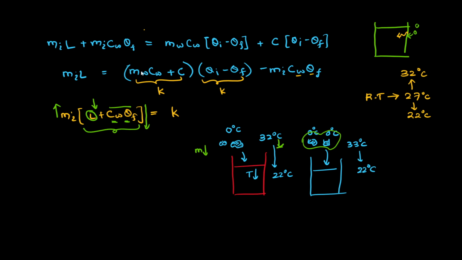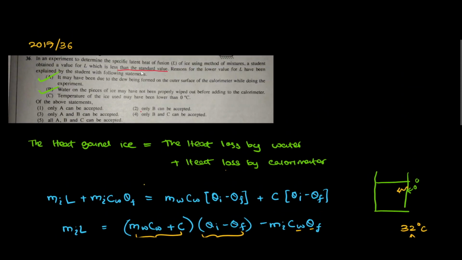Then from 0 ice to 0 water, it will absorb a little more energy, so the temperature goes down quickly. Therefore, you will need less ice. Then Mi reduces, therefore L increases. So statement C is not correct. Therefore, A and B can be accepted. It has to be the third answer.